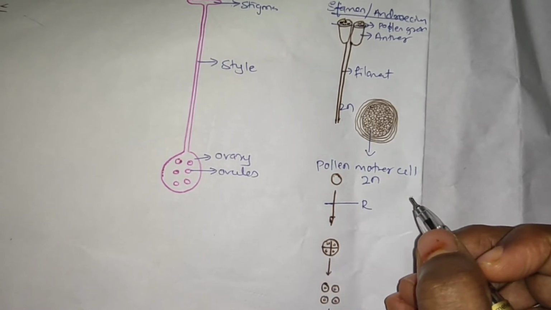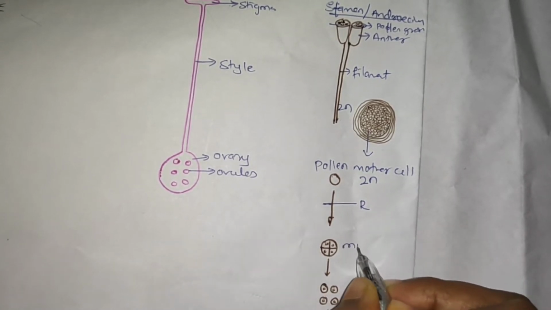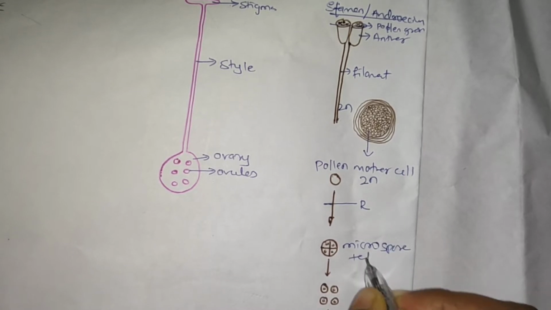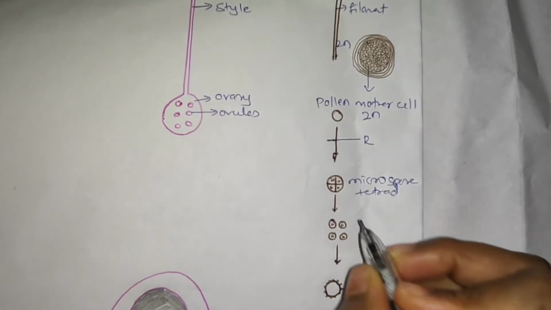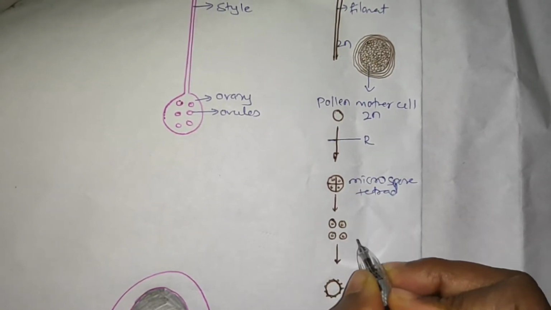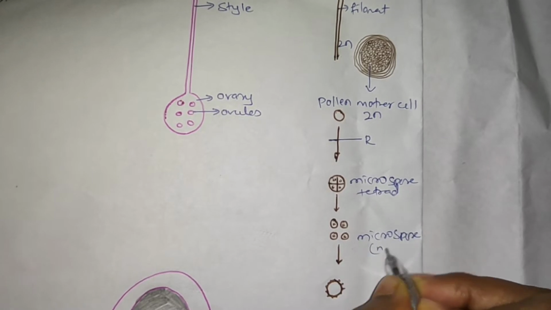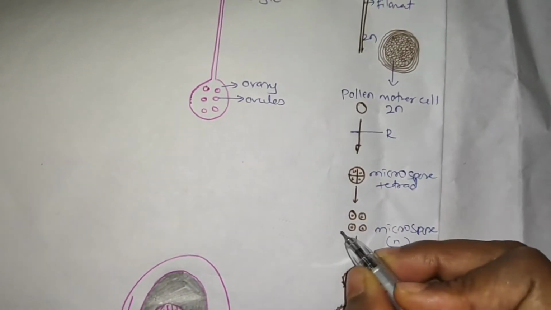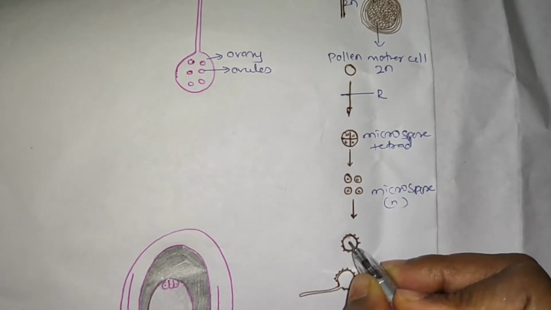It undergoes meiosis to give rise to a microspore tetrad, where all four microspores are arranged together. Later they develop into microspores, which are haploid. Later these haploid microspores are going to develop into pollen grains.